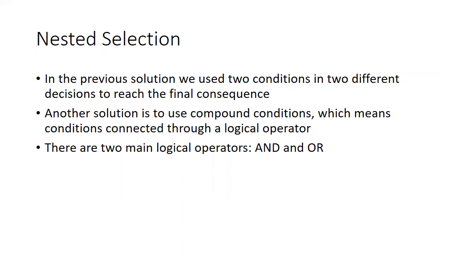If it's false, then we're going to do another one, right? Is the mark less than 90? And if that's true, we're going to have our grade being a B. And if that's false, then our grade is going to be an A. And then all of these will join up with the end.